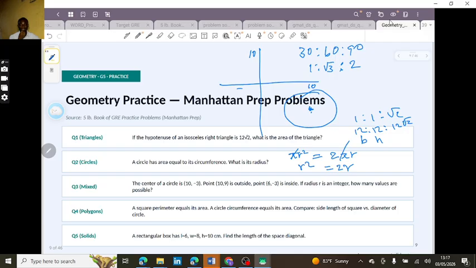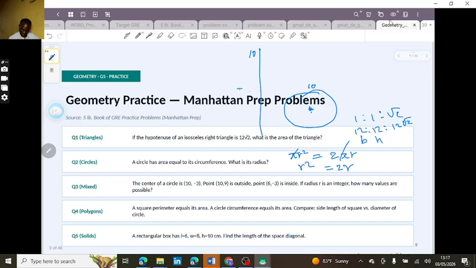The next one is (10, 9), which is outside. The very good thing is it has the same 10, so that is a vertical line.